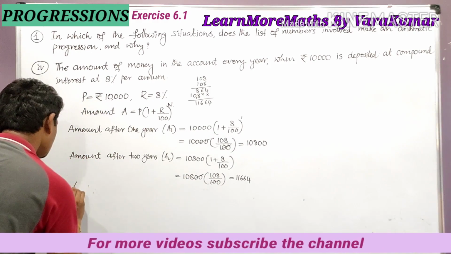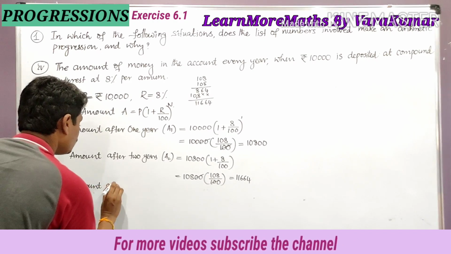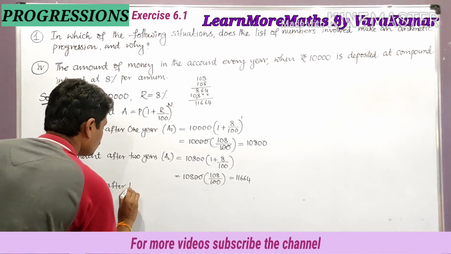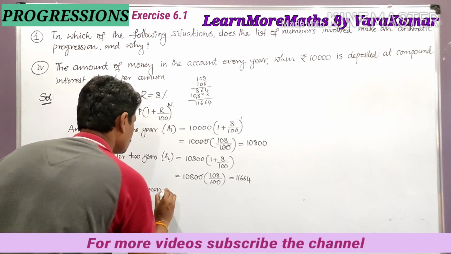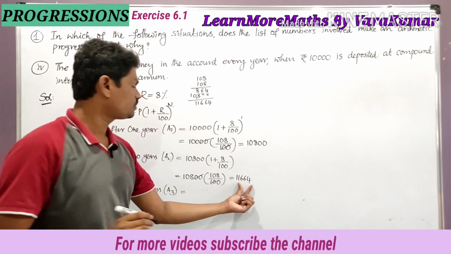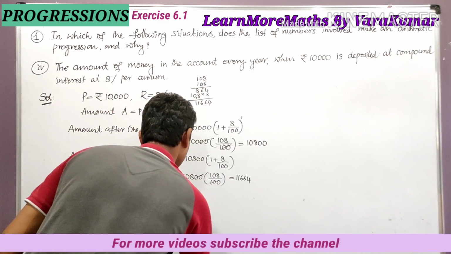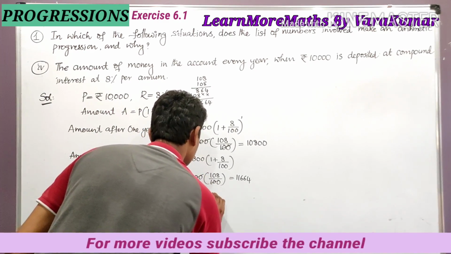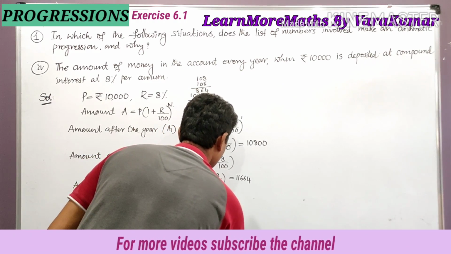Amount after 3 years you have to find again. So let it be A3, student. Now this becomes the principal for the third year. So that is 11,664 into 1 plus 8 by 100.